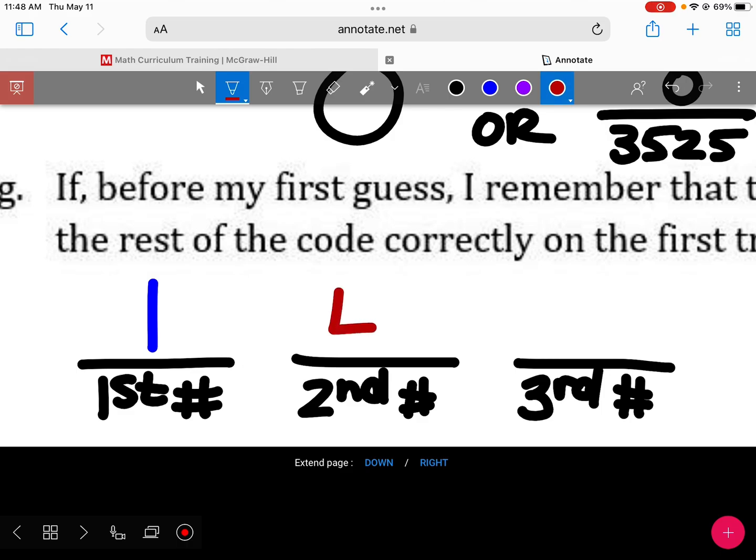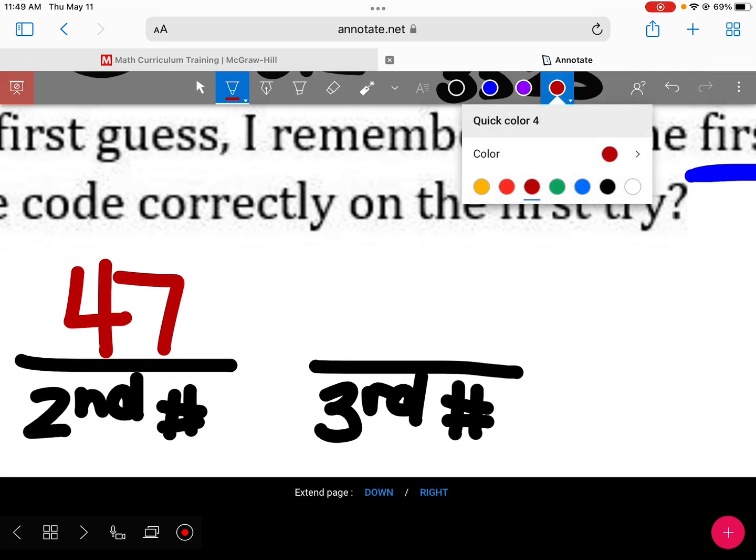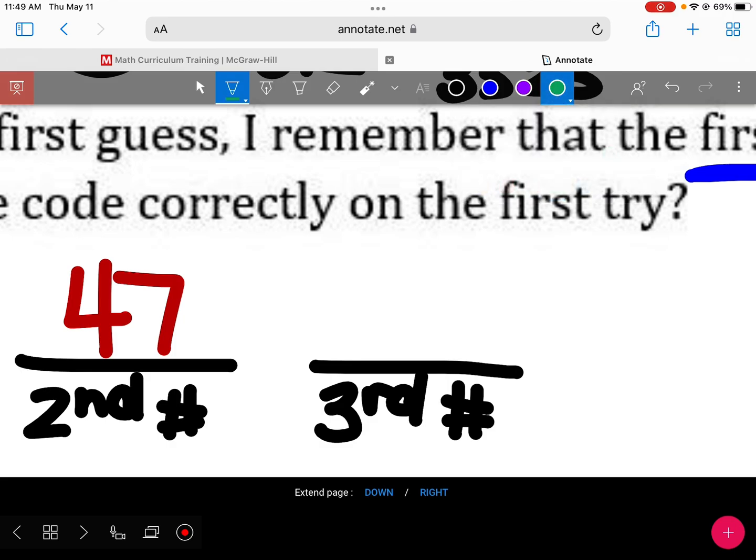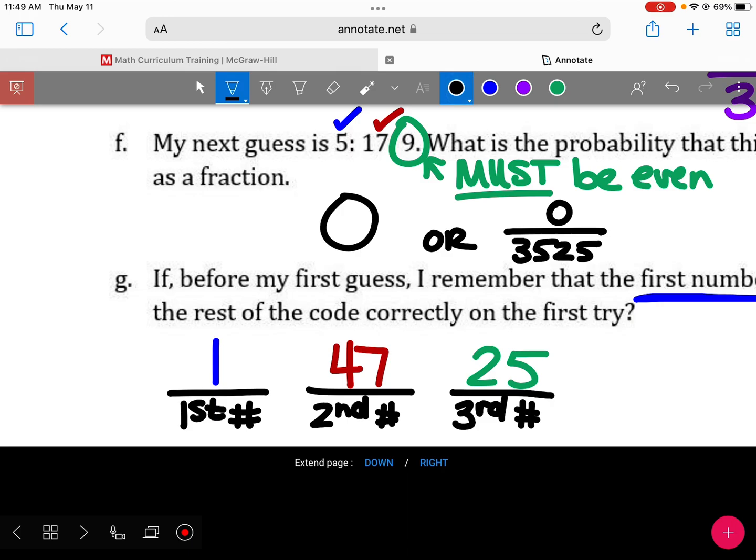So how many options do I have for the second number? I still have 47. Because these criteria are still in place, except I remembered the first number in this. I'm not having to guess about it anymore. I've got one choice, and I know it's right. How many options are there for the third number? 25. What do I want to do with the 1, the 47, the 25?